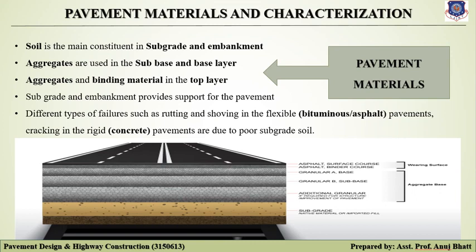If we consider the subgrade, soil is the main constituent in subgrade and embankments. Embankment is a kind of natural subgrade. Next, aggregates are used in the subbase and base layer. After the subgrade layer, in the subbase and base layer, we basically use aggregates of different size and shape.